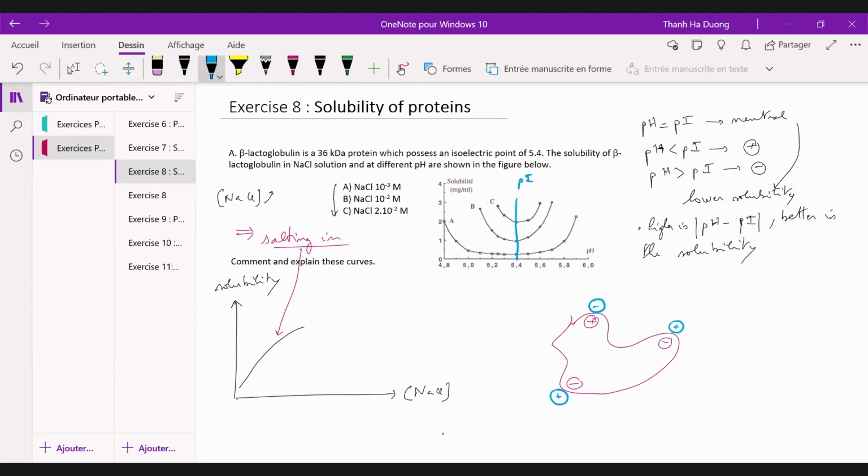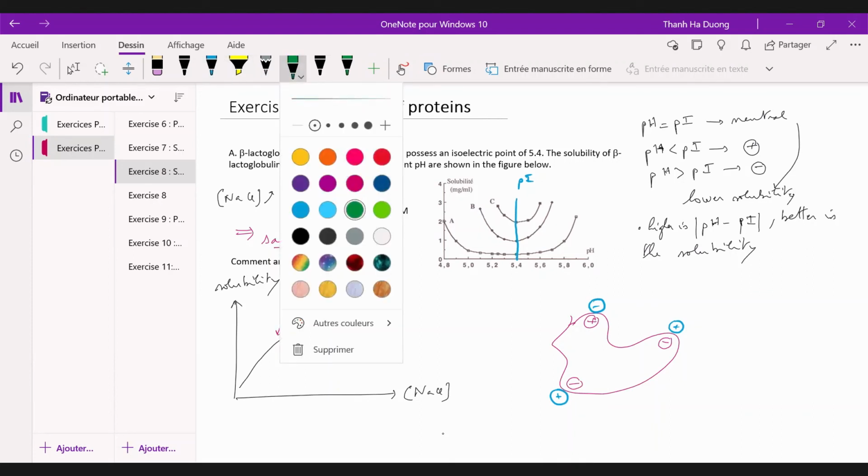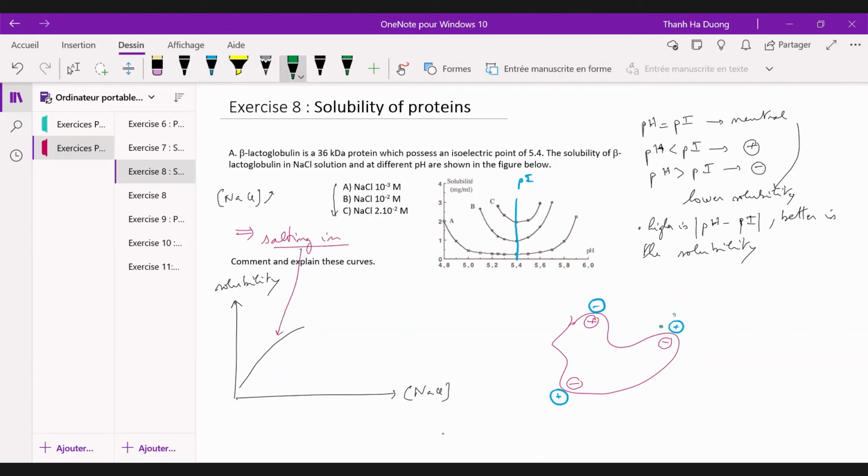And because you have salt around your protein, you will bring some water at the surface of your protein.